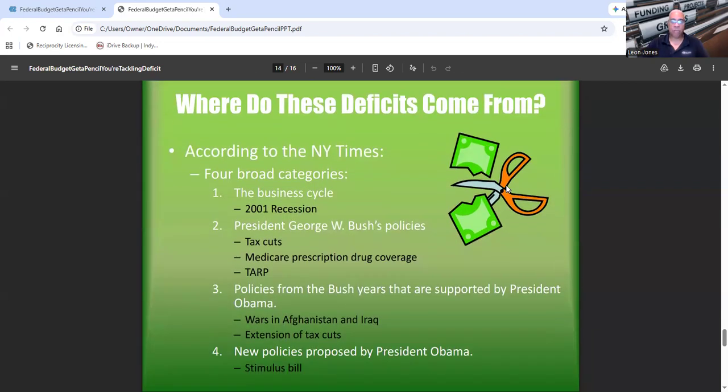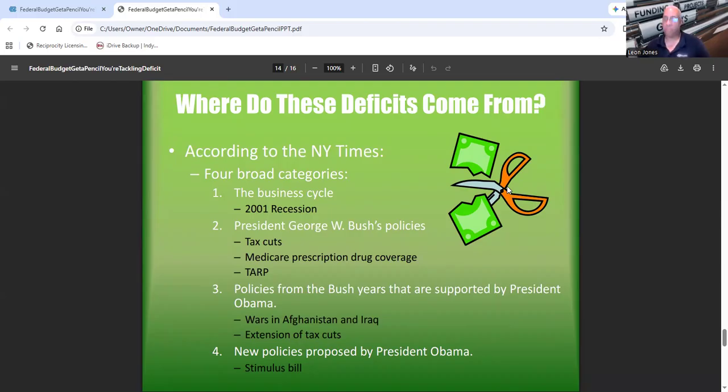Now, where do these deficits come from? I'm not a fan of the New York Times, but the deficits can come from a recession. Now, here's what the New York Times says. It comes from tax cuts. Deficits do not come from tax cuts. That's just money that you've never received. That's not a cut.